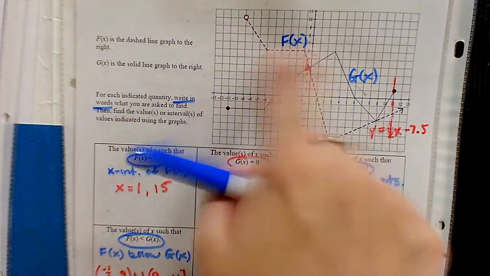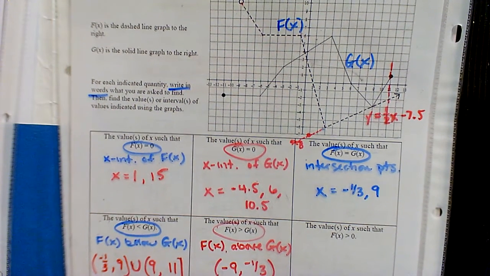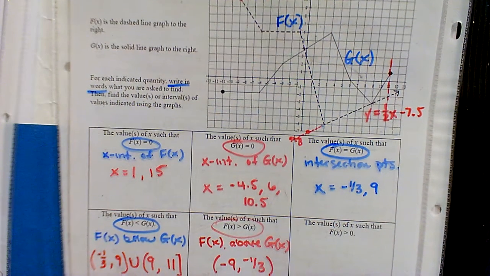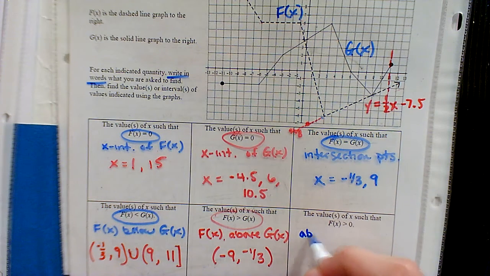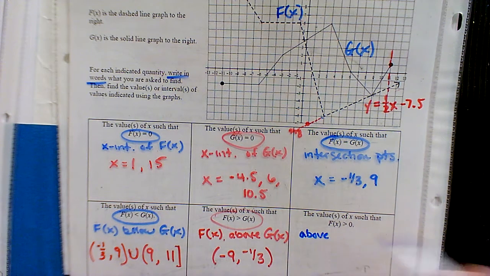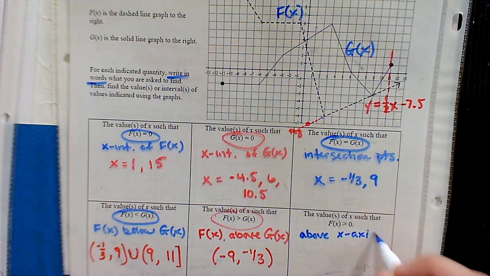All right, what about the next one? F of x is greater than 0. What are we trying to find? Above 0. So above 0 means above the x-axis.